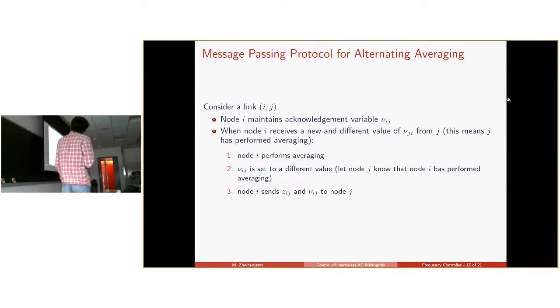Then node i needs to execute three steps. Node i performs averaging, then it changes nu_ij to a different value to let node j know that node i has performed averaging, and it sends z_ij and nu_ij to node j. It's a simple message protocol with an acknowledgement flag.